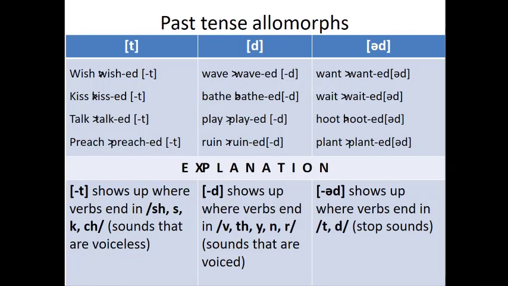But so far, we are able to say that what is happening on the left seems to be happening on the right. Okay, let's look at allomorph de. So wave, waved. It's not waved with a t.